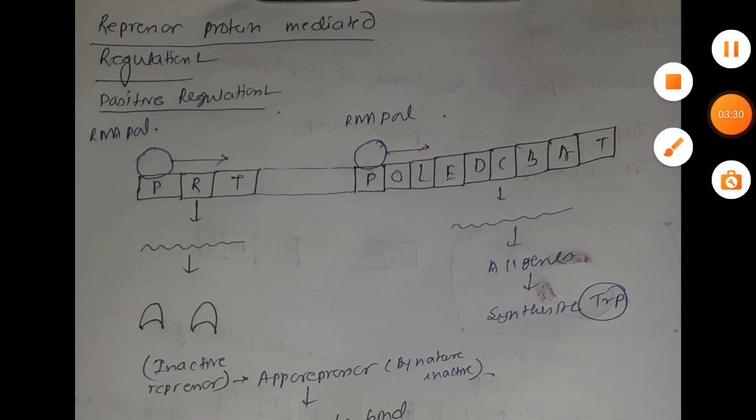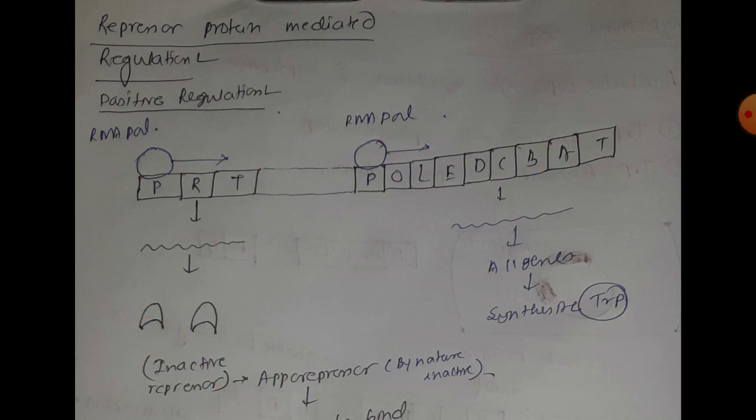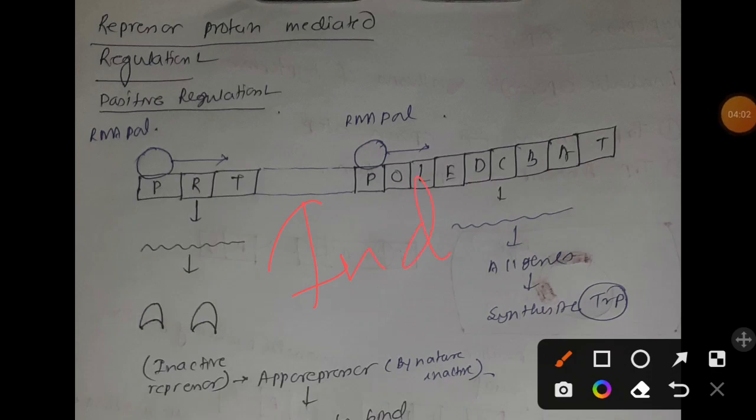Then the allolactose binds with the active repressor and converts it to inactive, so it cannot bind with the operator and RNA polymerase can start its transcription. That is the positive regulation. So the lactose operon is induced by allolactose to start its transcription. We can say that allolactose is an example of an inducer of an inducible operon.